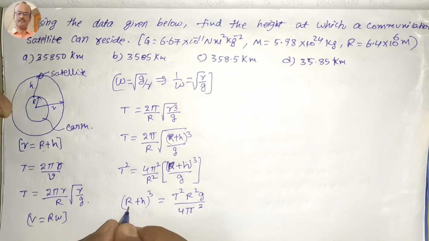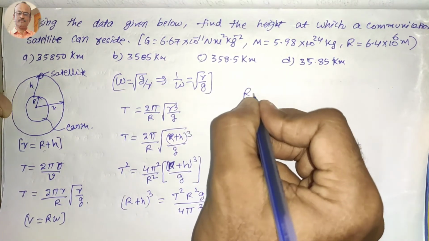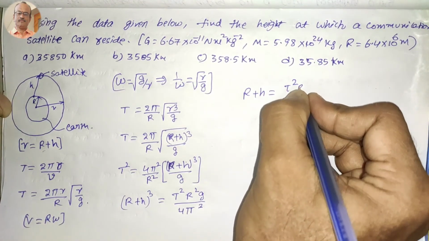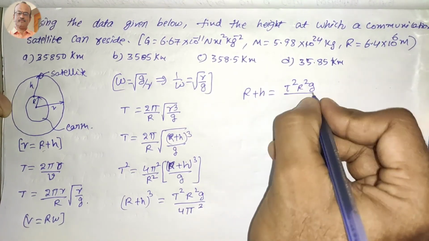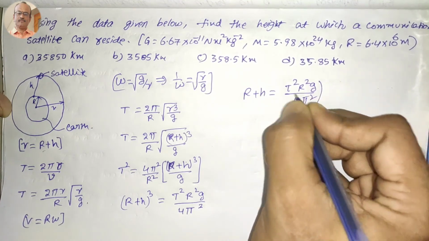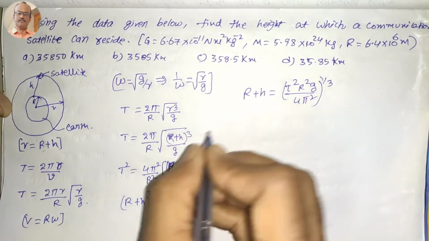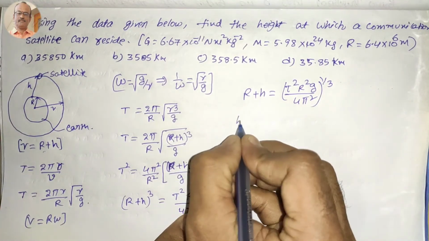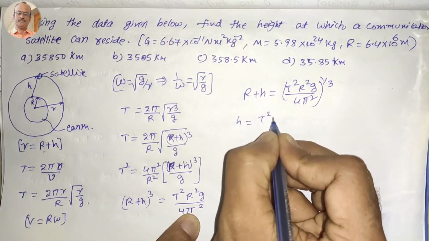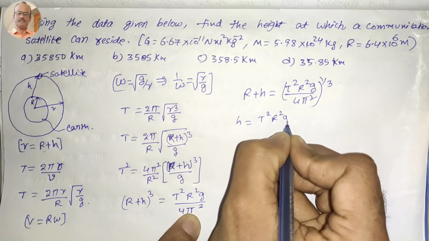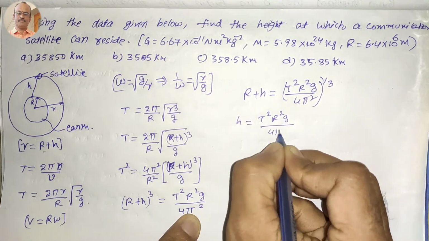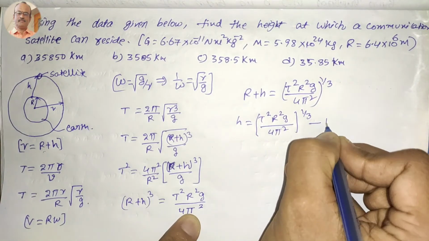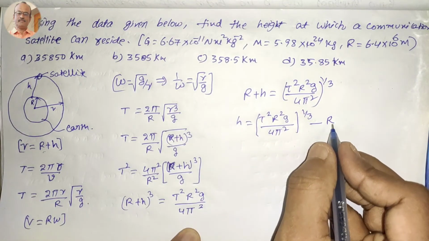So R plus h is equal to (T square R square g divided by 4 pi square) whole to the power of 1 by 3. But one thing to remember, I want to calculate height. So that means h is equal to (T square R square g divided by 4 pi square) whole to the power of 1 by 3 minus R. R is the radius of the earth.